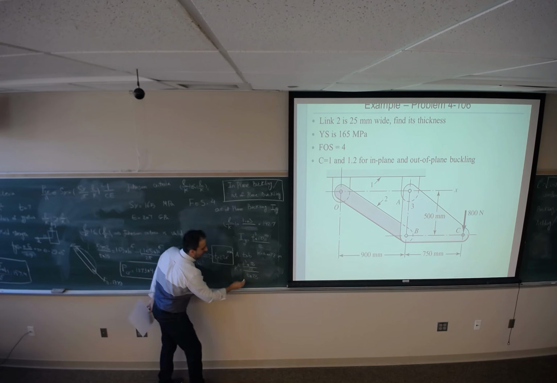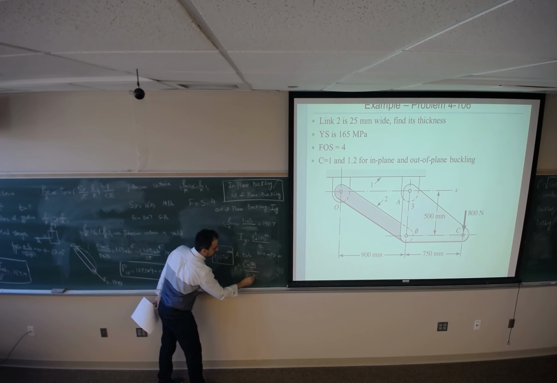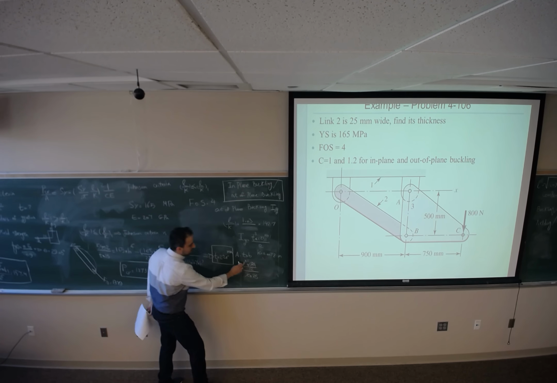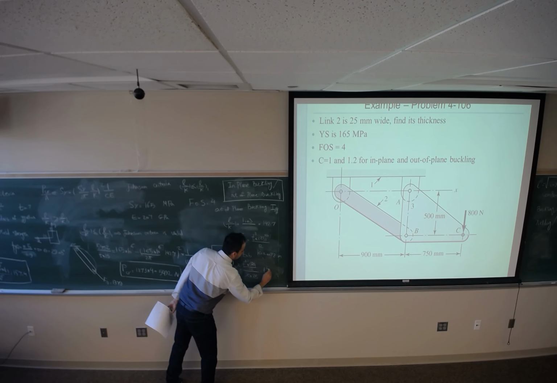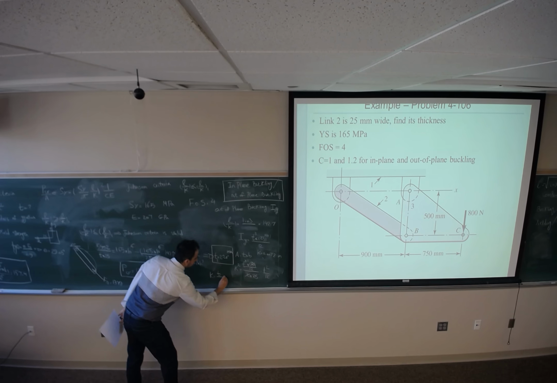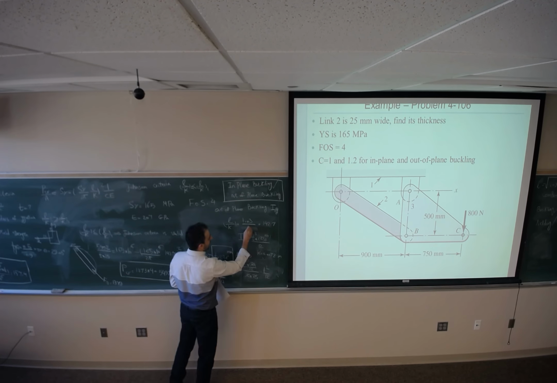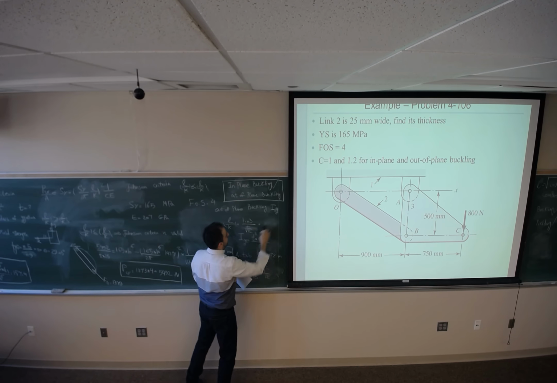I can cancel out one of the T, so it's going to be T squared. The 25s can be cancelled out. I will get T squared divided by 12. K would be T divided by the square root of 12.